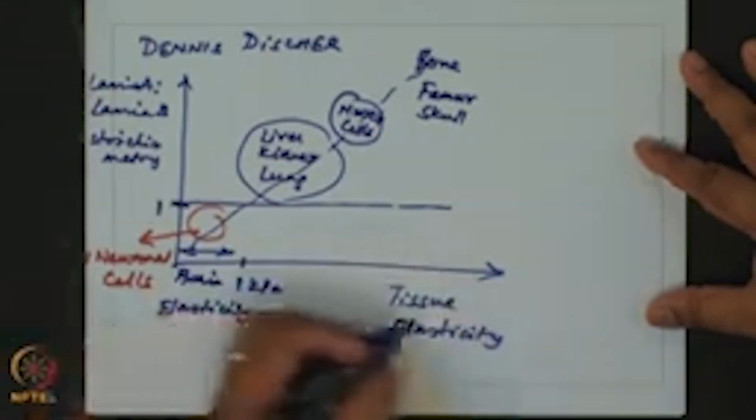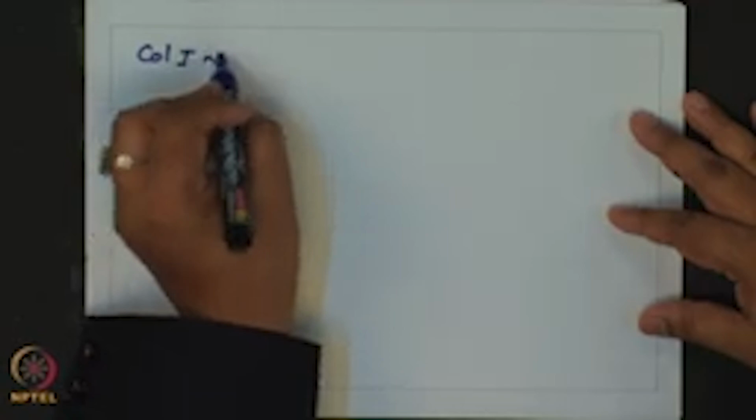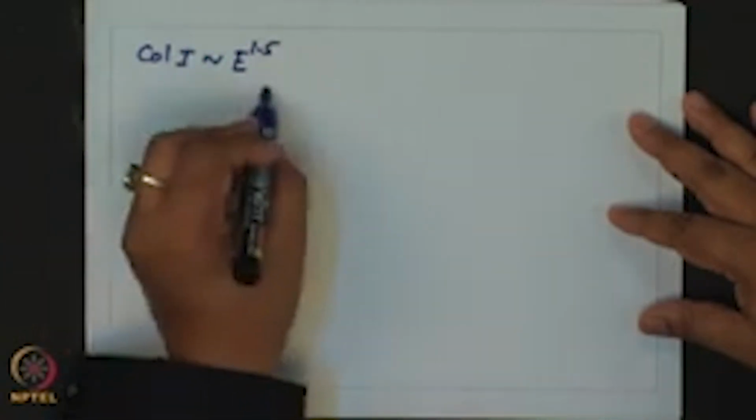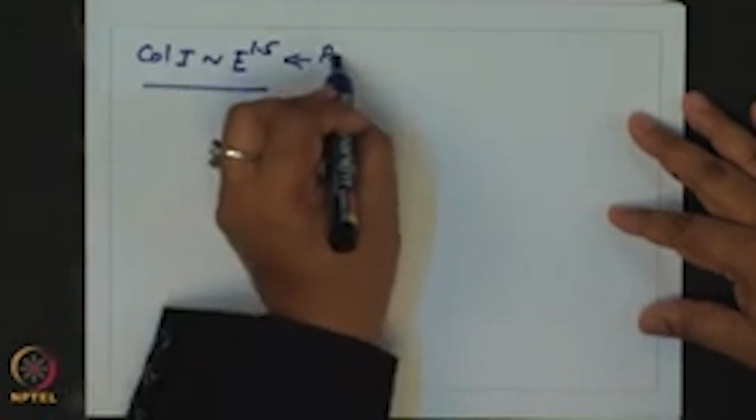Along this, if you also plot how collagen levels scale with tissue stiffness, you would get a scaling relationship of collagen 1 scaling as bulk tissue stiffness to the power 1.5. This is called a power law relationship.